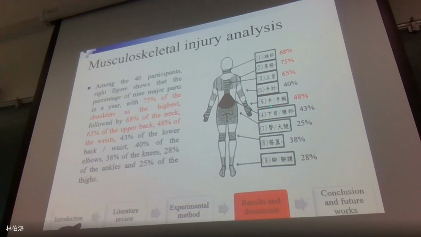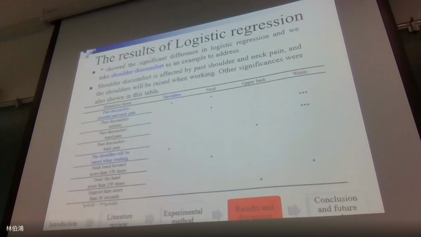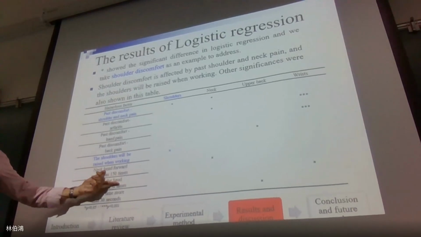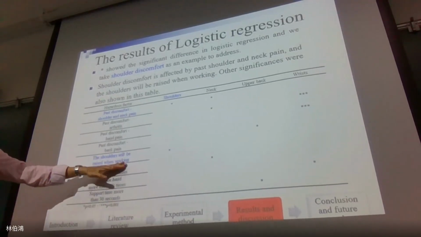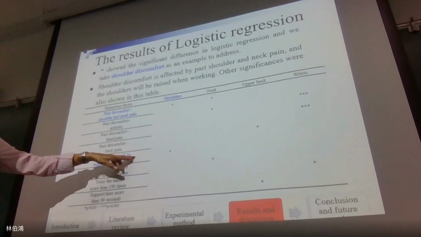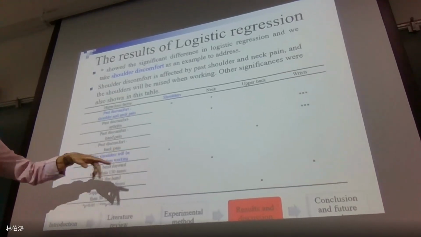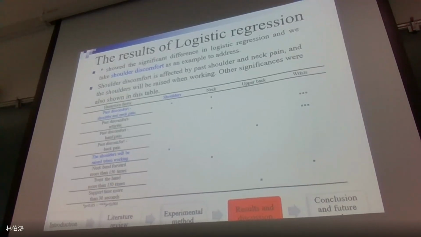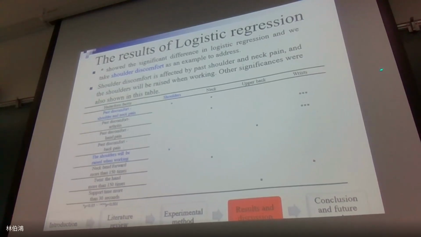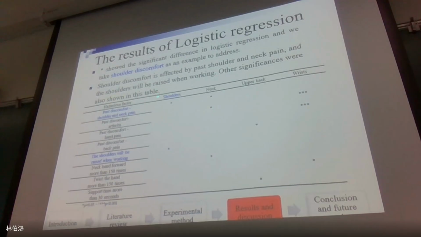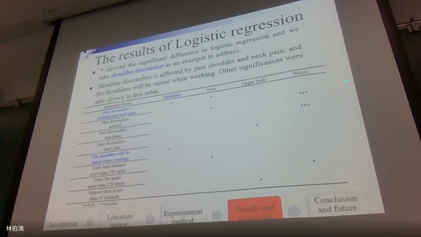But I also choose the wrist as the top 4 to make the logistic equation. You can see here is a summarized table. If you took my course in that semester, I remember a group reported the MNQ logistic equation result in the bus driver operation, right? So these are the top 4 body parts with discomfort.